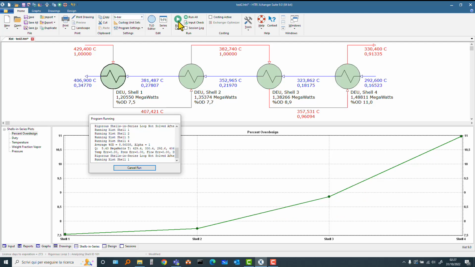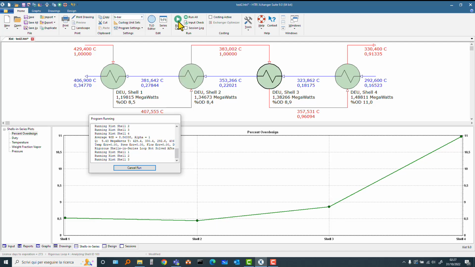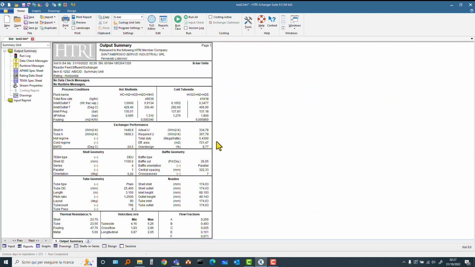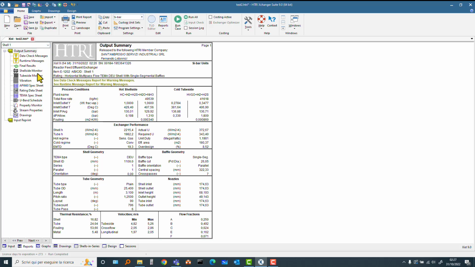Let's check if we really still have a positive overdesign, and then let's look. So the overdesign is 8.77 on each unit, shell 1.